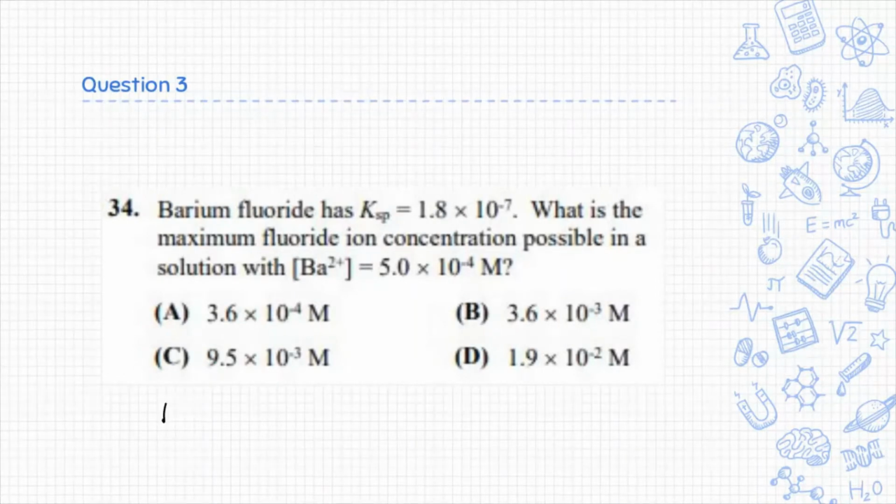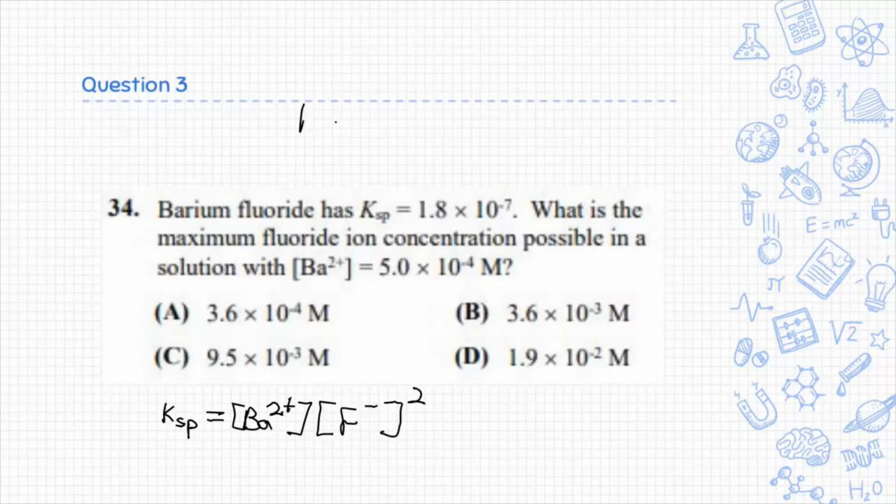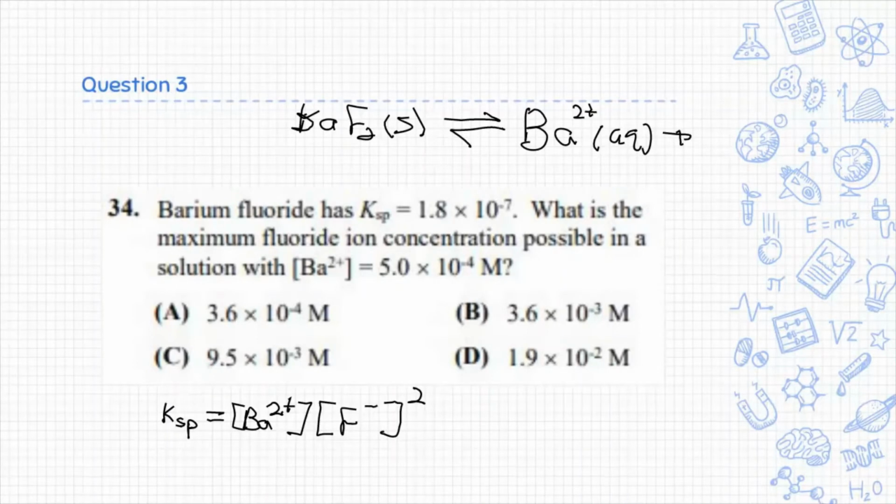So if we write the Ksp equation, Ksp equals barium times F minus to the second power, because if we write down the chemical equation, which is the first thing you should do, and isn't the first thing I did because, well, I'm bad, you have the barium ion here with 2 fluoride ions, and we can see that this will give this.